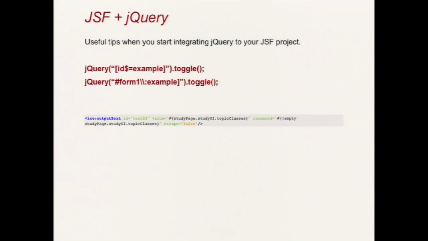Here we show the use of IDs as selectors. JSF renders IDs to the page that contain a colon symbol separating naming container components. In this example, we are using text22 for our output text.